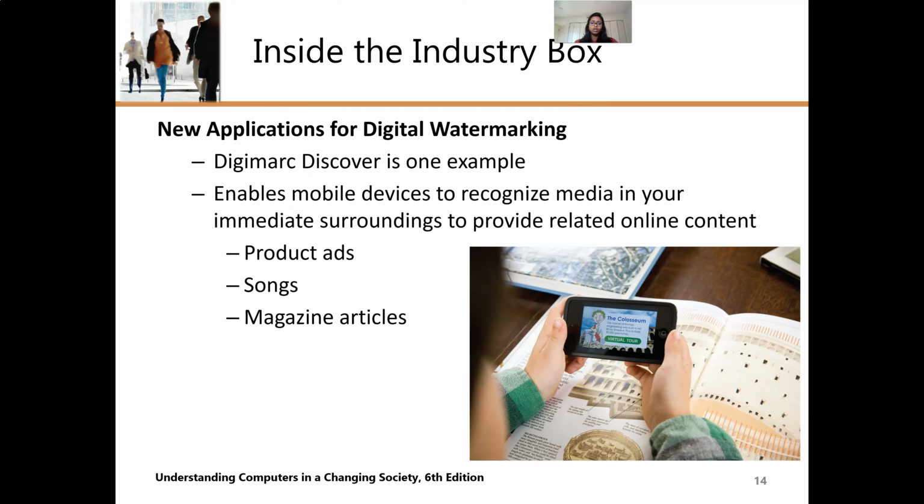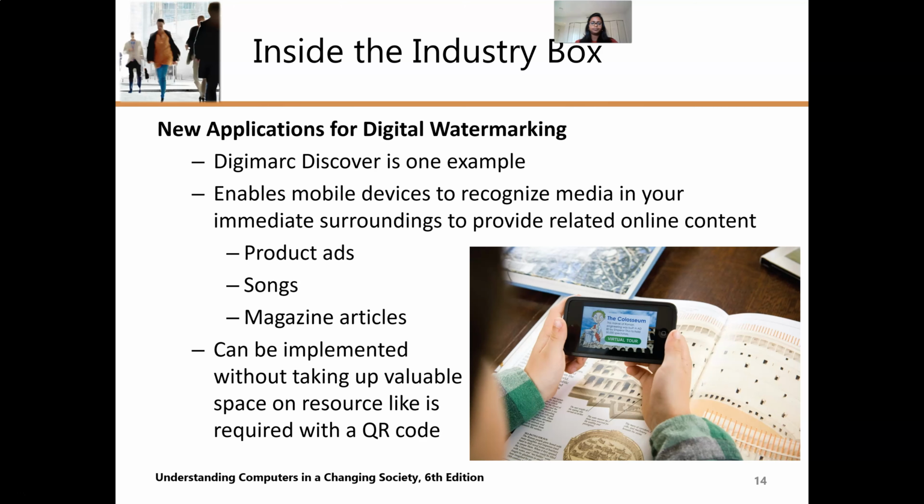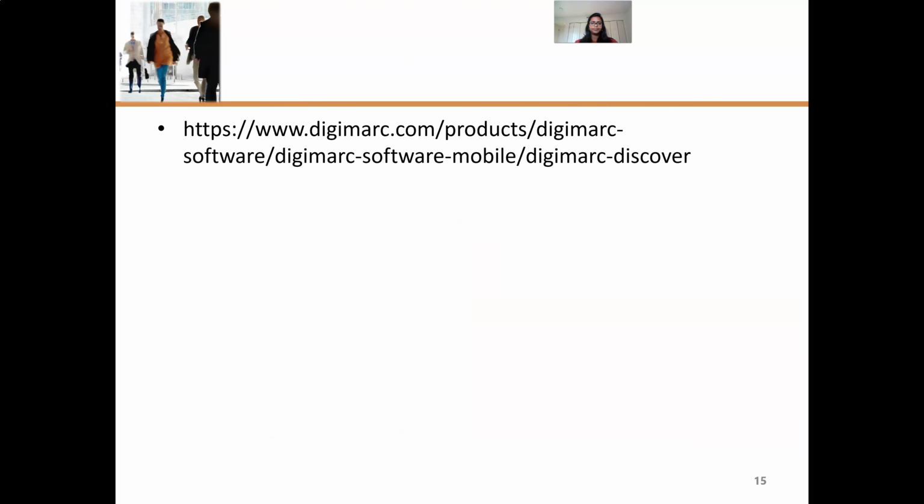It has online content for product ads, songs, magazine articles, etc. It can be implemented without taking up valuable space on resources, as it just needs a QR code. So this is the link where we can look into the Digimarc product.